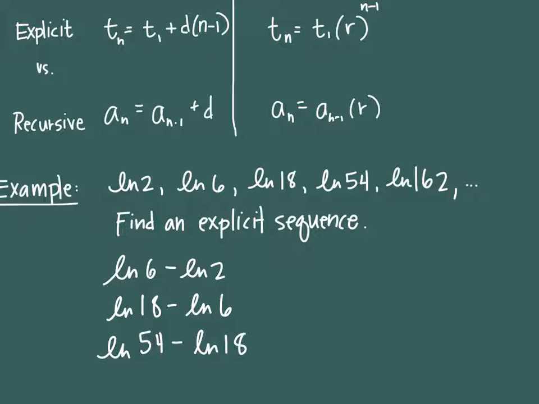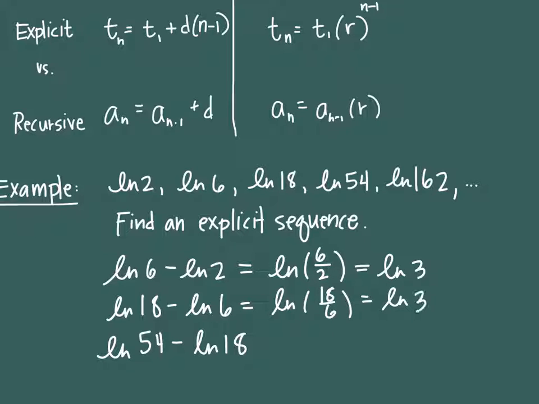What is the difference between the natural log of 6 and the natural log of 2? It's the natural log of 6 over 2, because in logs, subtraction means division, so the difference is the natural log of 3. And this would be the natural log of 18 over 6, which is the natural log of 3. And then the natural log of 54 over 18, which is the natural log of 3.